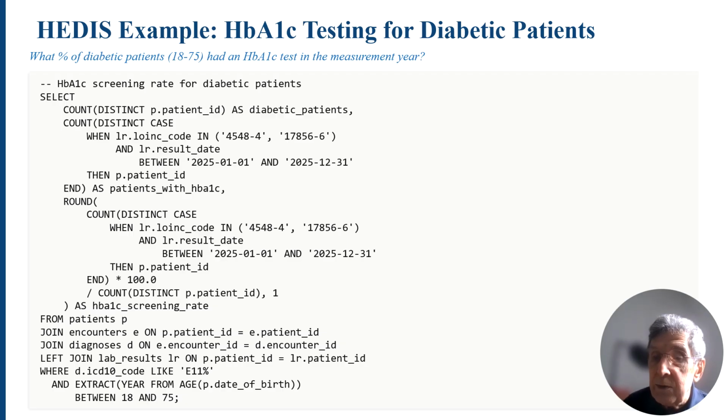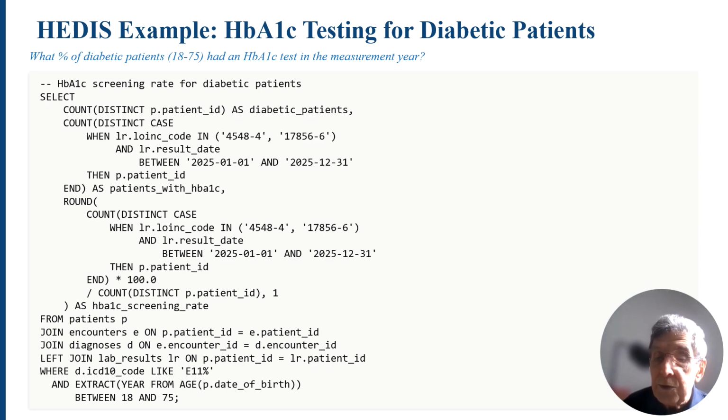And we also want to be sure they had a result within the 2025 measurement year. That forms our numerator. And the round expression calculates the screening rate. Notice the use of count distinct patient ID throughout. This is critical because patients might have multiple encounters or even multiple diagnoses, and we want to count each patient once, not once per encounter or once per similar diagnosis.